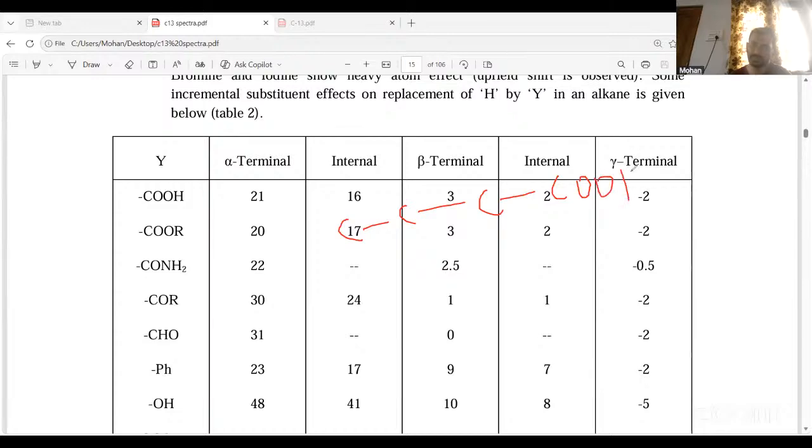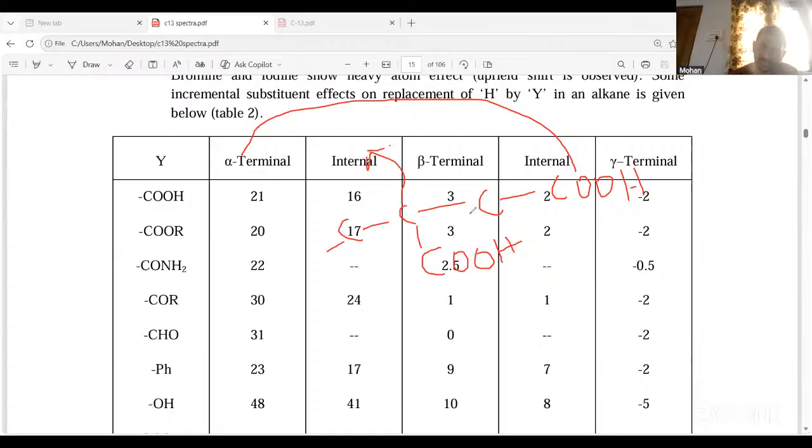Okay, so this is a terminal, alpha terminal here. Okay, right? And for example, here the acid group is not attached to the terminal carbon on either side, this side or this side. It is internal. Okay. So this is internal.